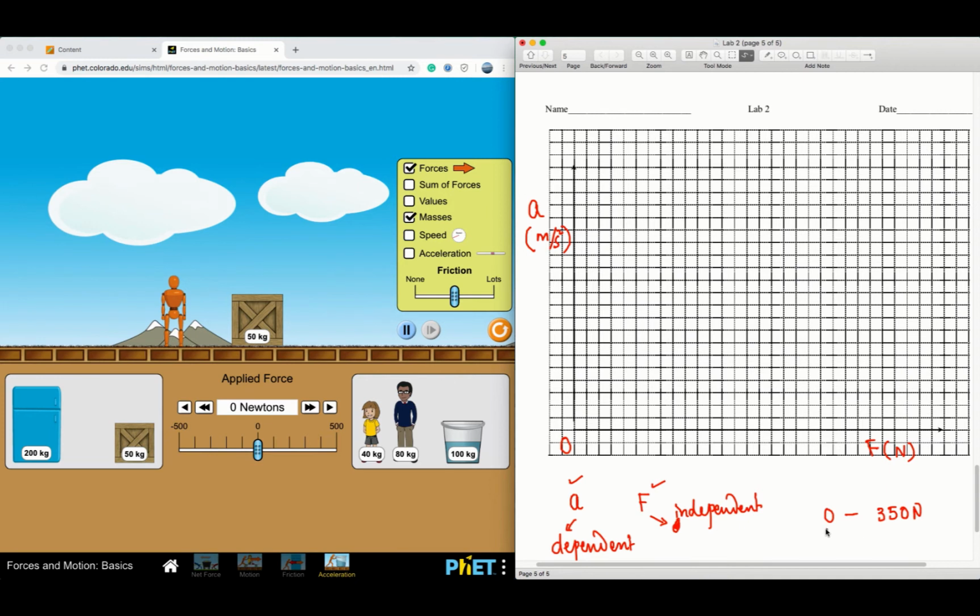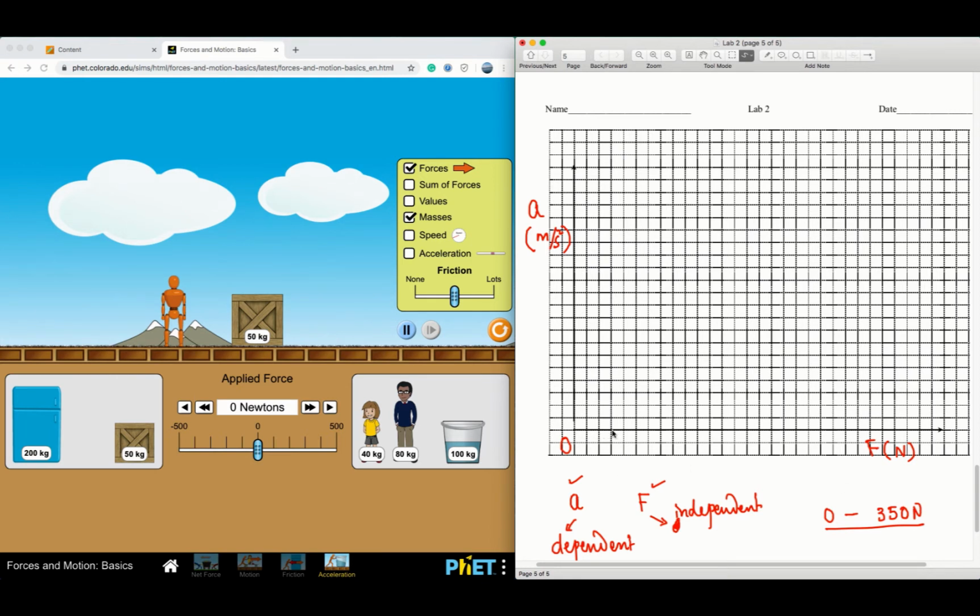So that means we need to choose the scale in such a way that the 350 newtons covers as much of this graph as possible. So if we choose one division to be 10, then we need 35 divisions to cover 350 newtons.